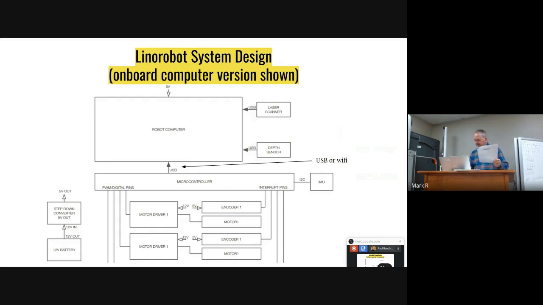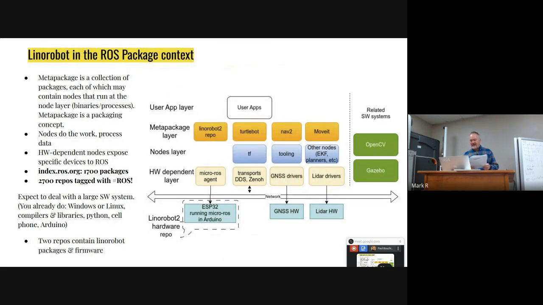Oh, I just want to make one additional point about the Arduino environment of ESP32 running micro-ROS in the Arduino environment. That is really important because it means you get access to all of the ESP32 community contributed packages. And I actually used it for the servo that runs the claw on this.